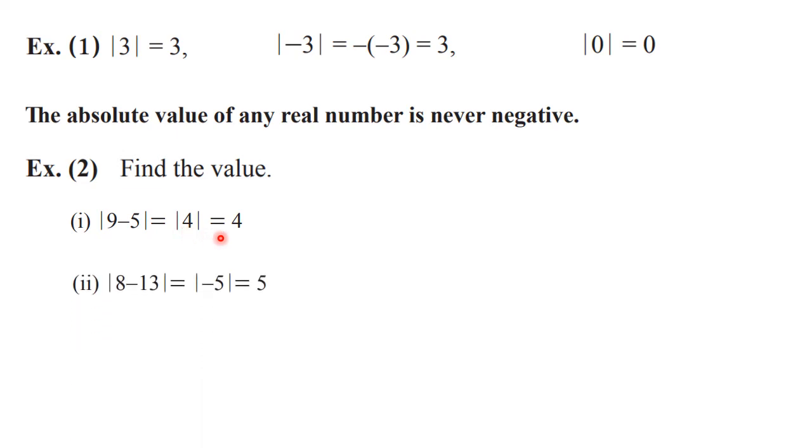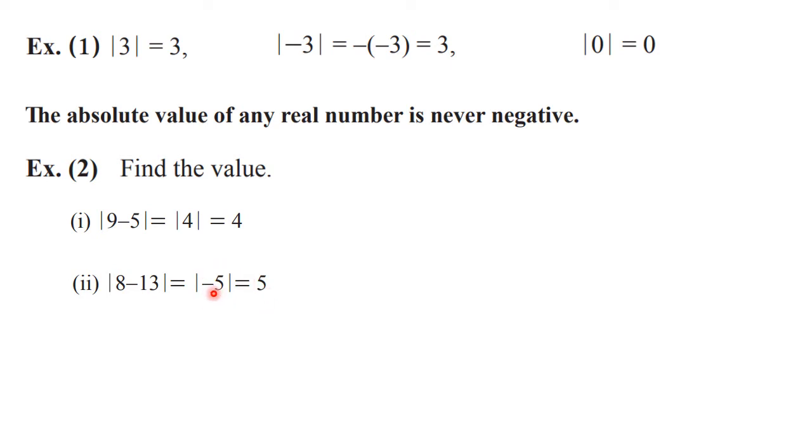Then the second one now. See, modulus of 8 minus 13. Inside, let us subtract first. 8 minus 13 is minus 5. So inside the mod sign, we can write down minus 5. But when we remove this modulus sign, when we write down the final answer, our answer is going to be plus.